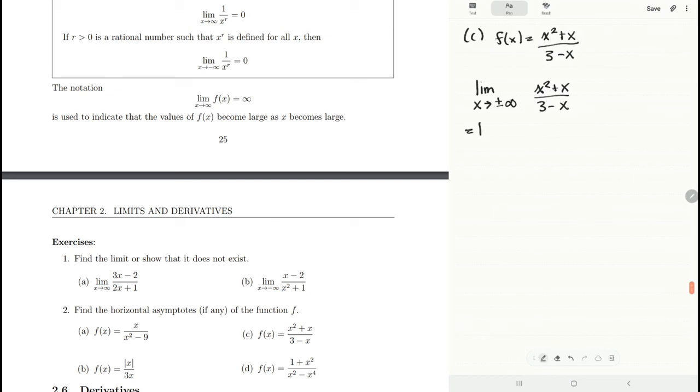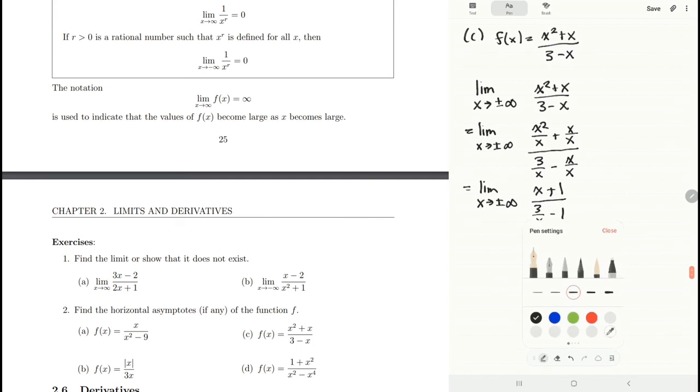So we're going to divide every term by x. So we have x squared over x plus x over x divided by 3 over x minus x over x. So we have the limit as x goes to plus or minus infinity of x plus 1 divided by 3 over x minus 1.